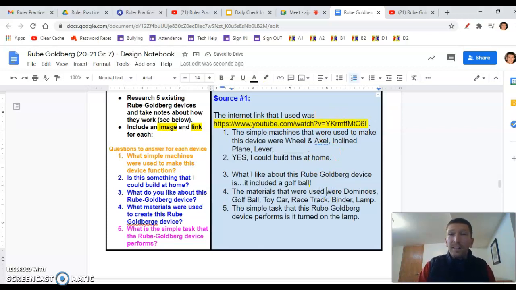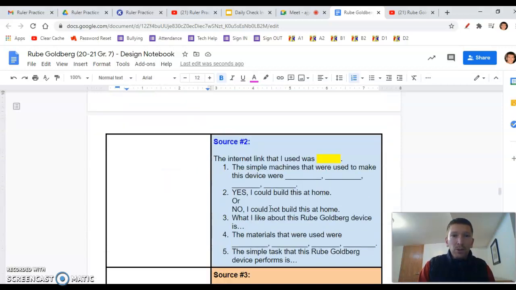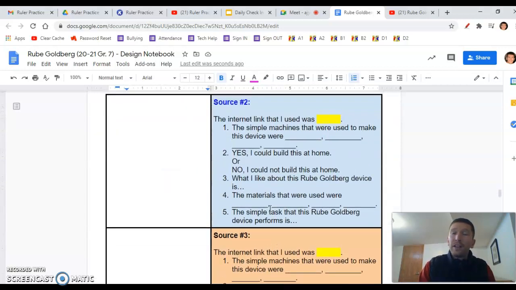So that is one source that I completed, and it is answering all 5 of these questions. And so at this point then I would go on to source number 2 and find a different video or picture that will help guide me. And so I would again go through these 5 questions after posting either the picture or the video link here.